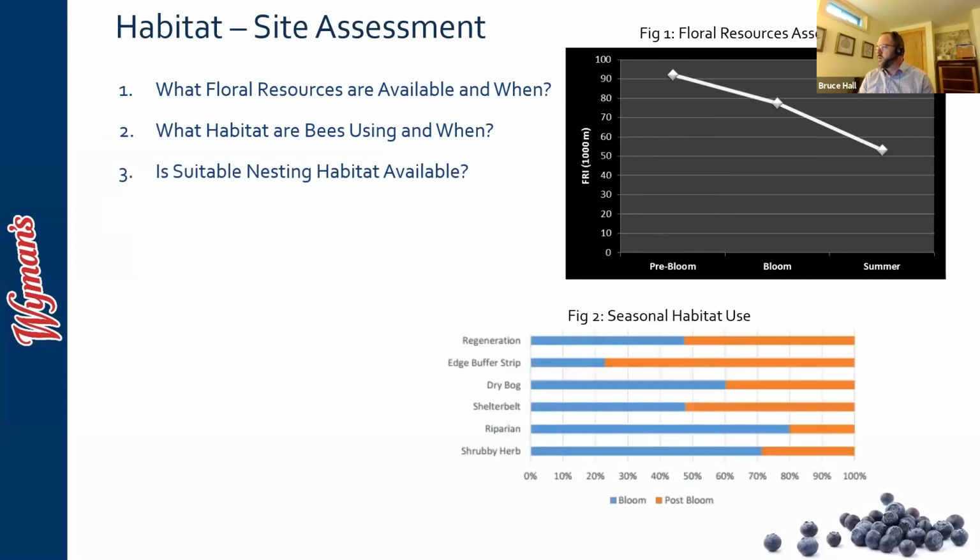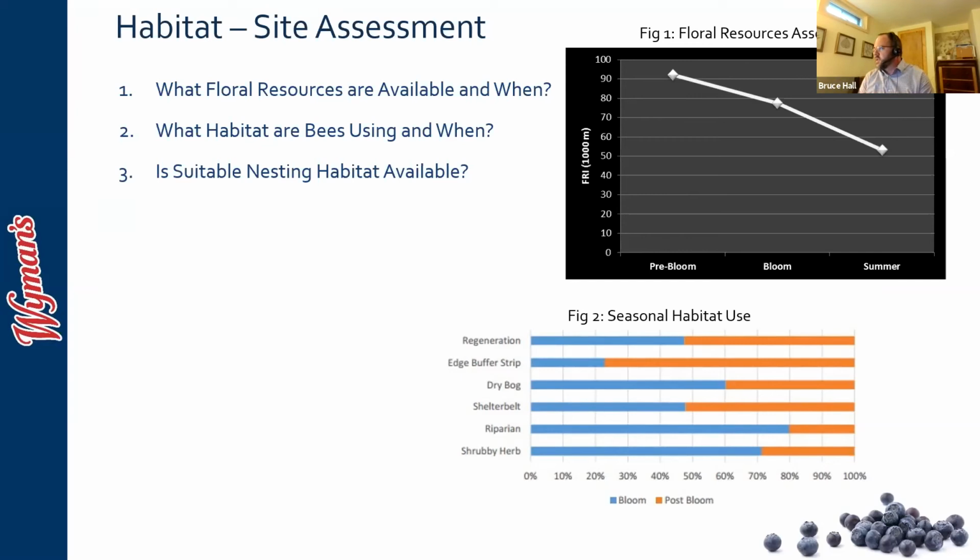We also wanted to know, based on the habitat types surrounding our fields and within our fields, what sort of bee species were utilizing the habitat and when were they using it? And so this is a basic graph that, on the Y, shows you a habitat type that we defined, and blue is species utilizing that habitat during our bloom time, and the orange bar represents bee species utilizing that habitat post-bloom.